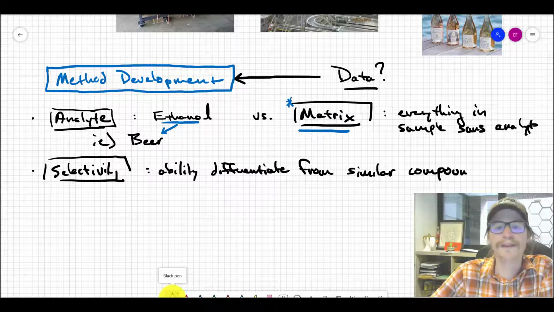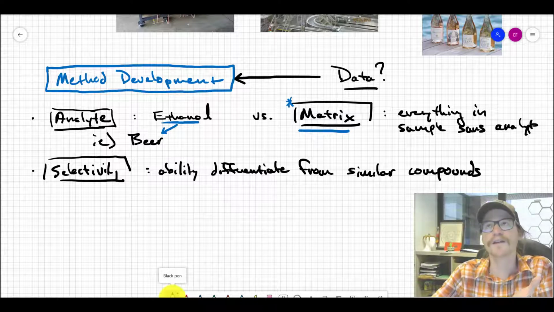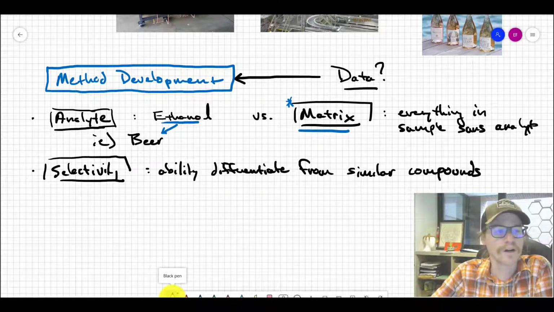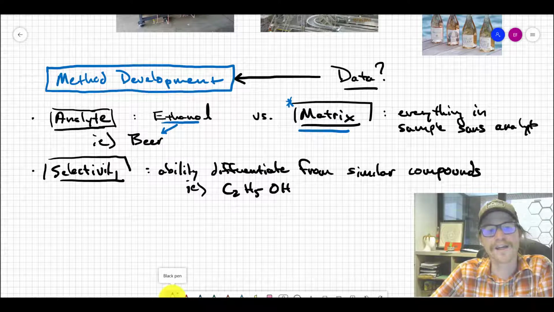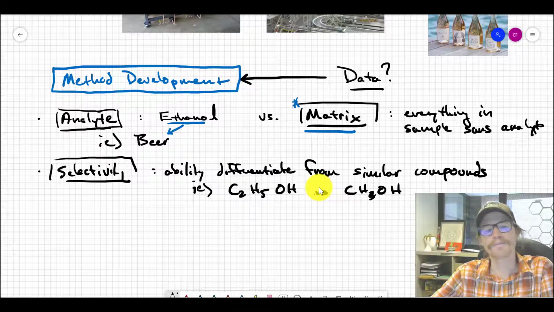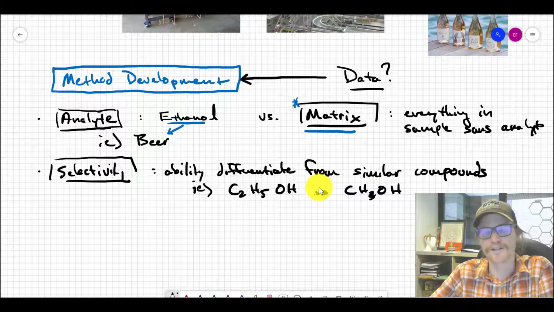A good method development is going to be one that's really robust to the presence of other molecules that are really similar, either in size or shape or functionality. And so in the case of ethanol, which is C2H5OH, is your method good enough that it can differentiate ethanol from methanol, which would be CH3OH? Not all methods can differentiate between those two things, right? And so selectivity is really important.